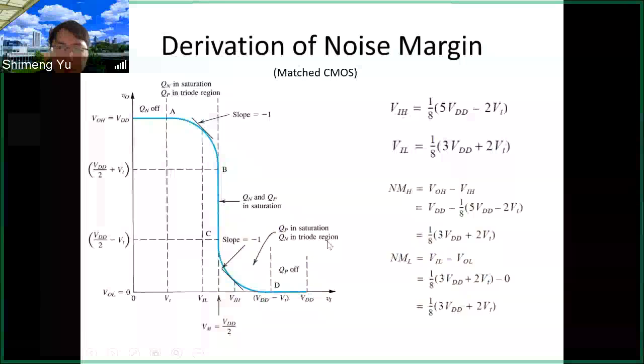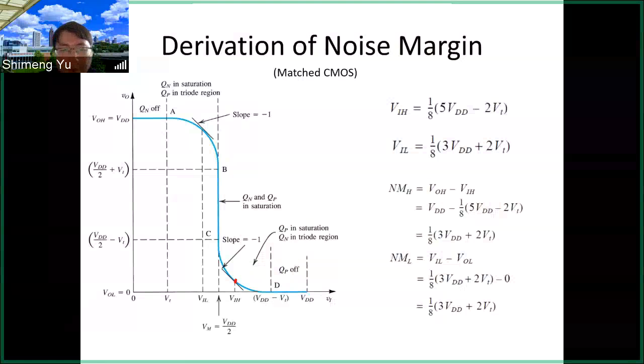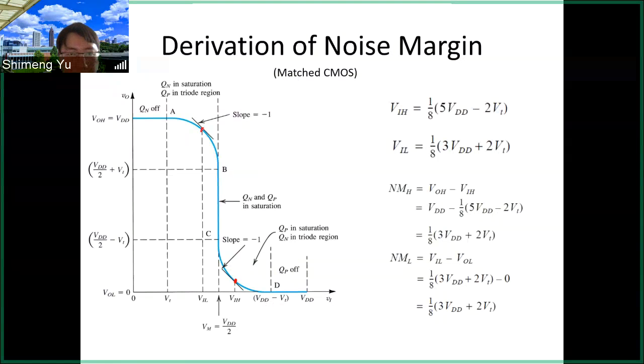We can apply the same approach to get the VIL. What we have on the earlier slide is this VIH, and we can also get the VIL, which is this one. But those two are mirrored with respect to the half VDD in this matched condition.